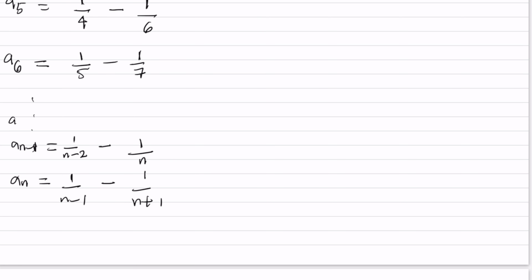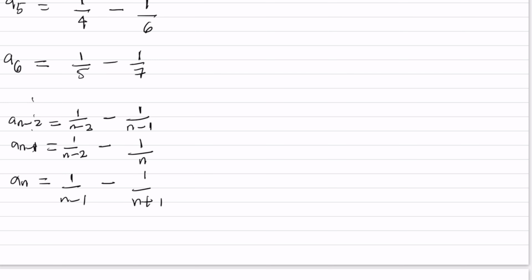Now how about a_(n-2)? a_(n-2) is 1 divided by n minus 3 minus 1 divided by n minus 1. Do you see that? I just write this as a_(n-1), that's the term before it. Then a_(n-2) is the previous of the previous term.